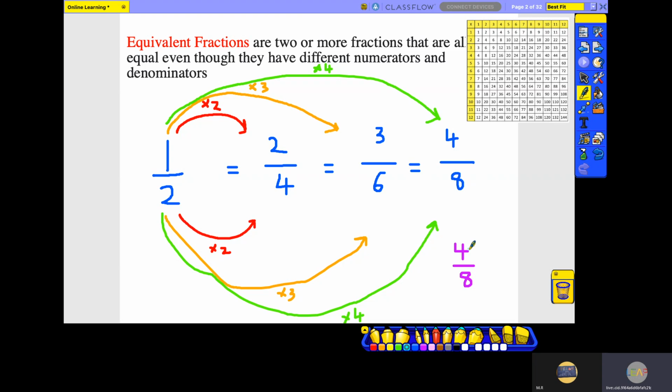Often you can say divide by 2 because they're both even numbers, but if you have progressed a little further, you can see that they both go into the 4 times table, so you can divide both numbers by 4. 4 divided by 4 gives you 1, and 8 divided by 4 gives you 2. So this clearly shows that when you simplify each of these fractions, you get the fraction that you started with, which is a half.